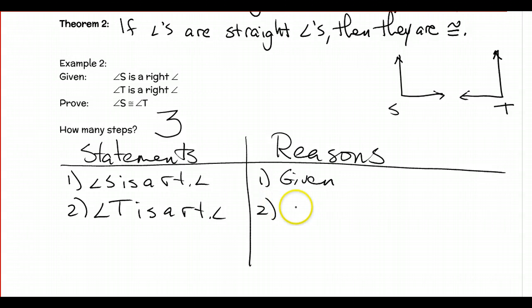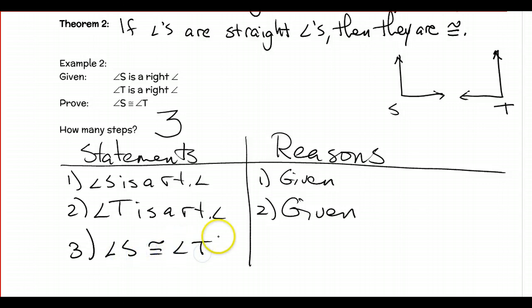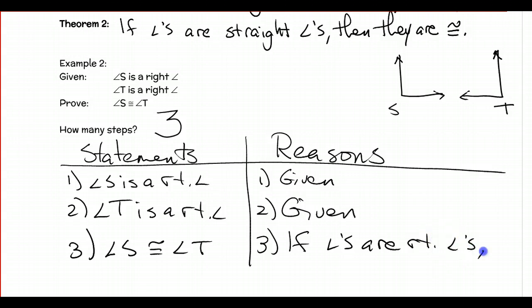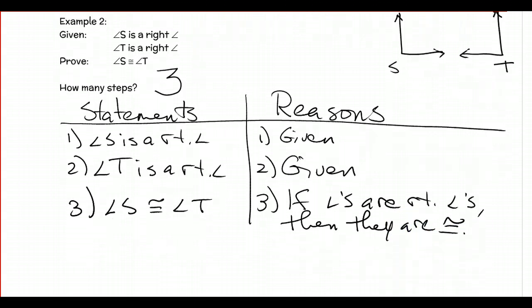The reason we can write that in the statements is that that's given. And number 3, I know, because we proved it already, that since S is a right angle and T is a right angle, that angle S is congruent to angle T, because now we're going to use our theorem. If angles are right angles, then they are congruent. Okay, so that's how we would use this.